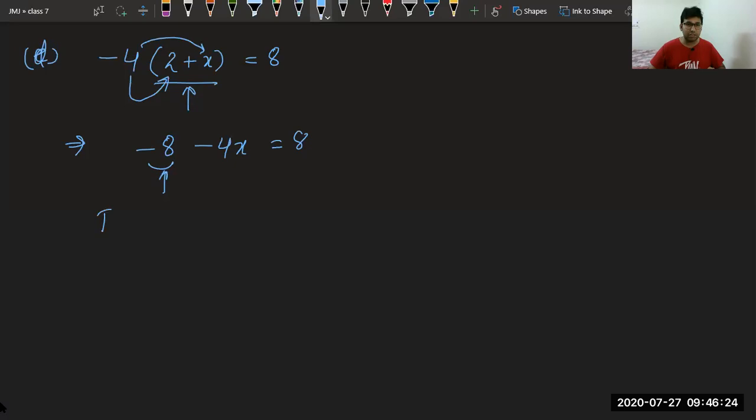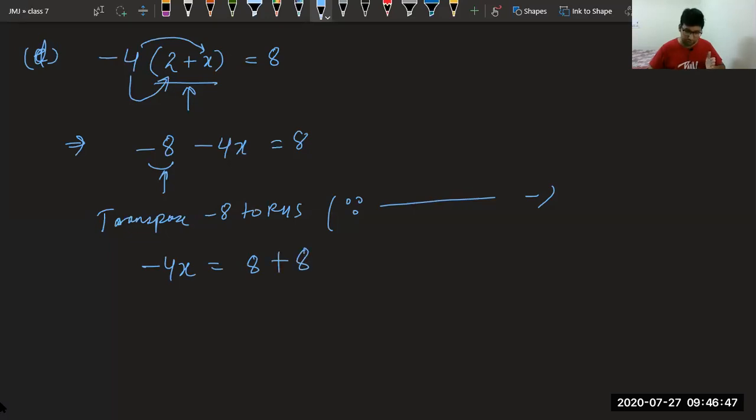So we will transpose minus 8 to the right hand side, obviously, because it was subtracting on left side, it will add on the right side. So we will have minus 4x equal to 8, which was already present, plus 8 that has come.